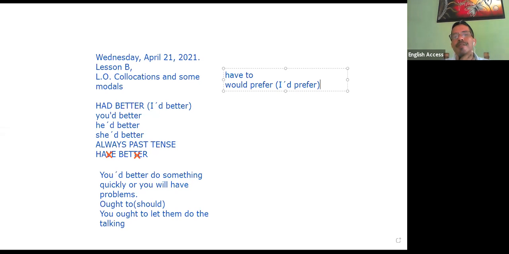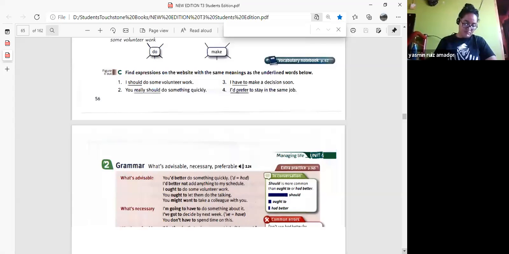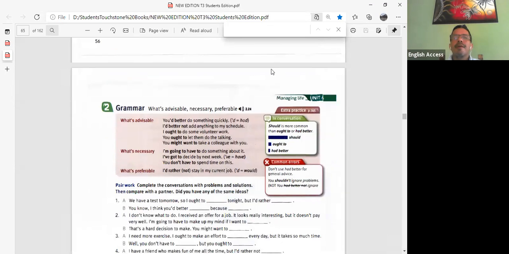You'd prefer, she'd prefer, etc. That was the grammar part. Well, we have more grammar in the book, but this is additional. That's from a language note. Here you have another explanation of the same, and it tells you why.